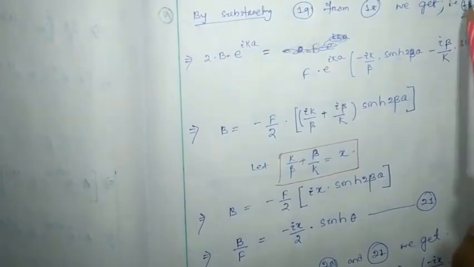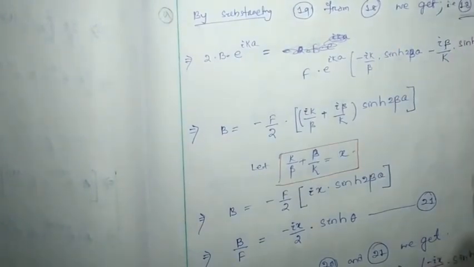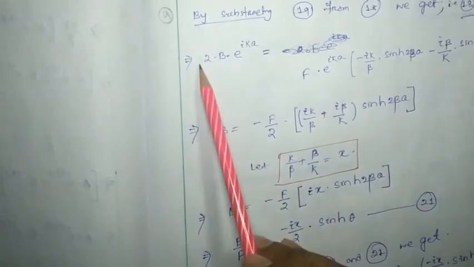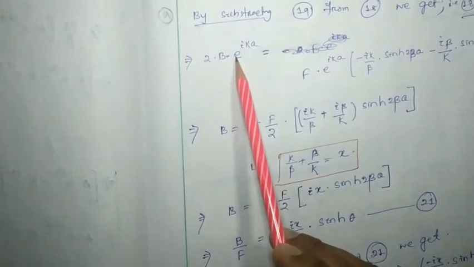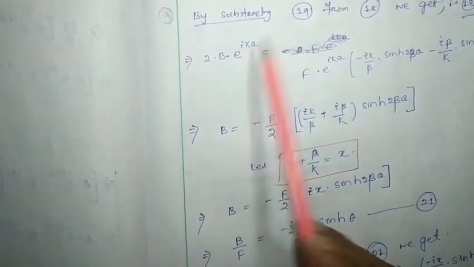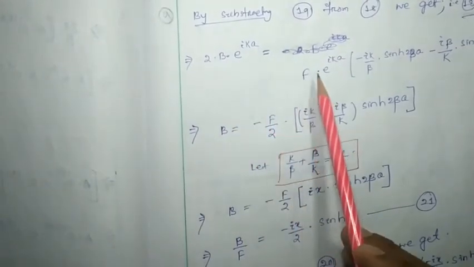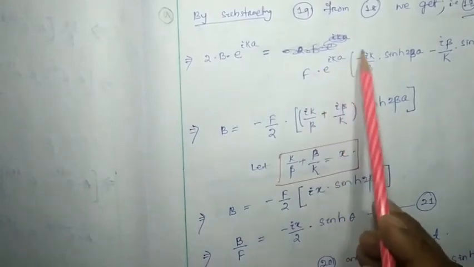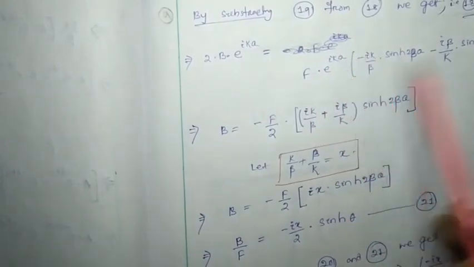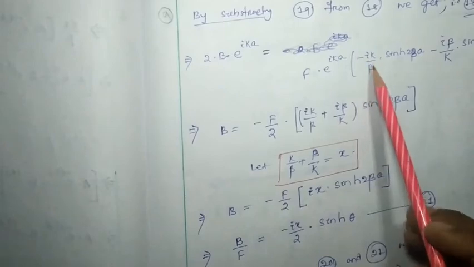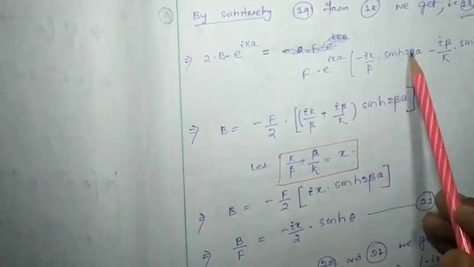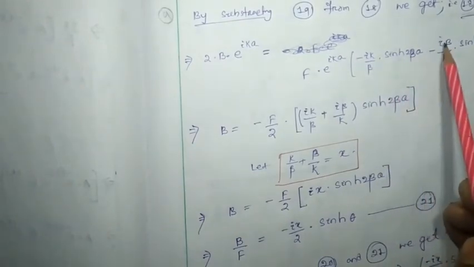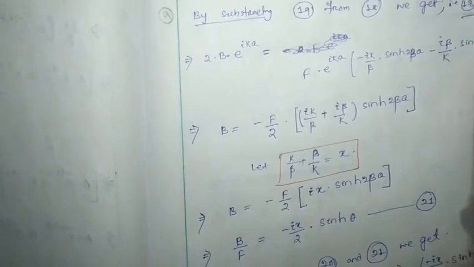By subtracting 19 from 18, that means 18 minus 19, if you do that, then you will find that 2b into e to the power ik a is equal to f into e to the power ik, inside the square bracket, minus ik by beta into sinh 2 beta a minus i beta by k into sinh 2 beta a.